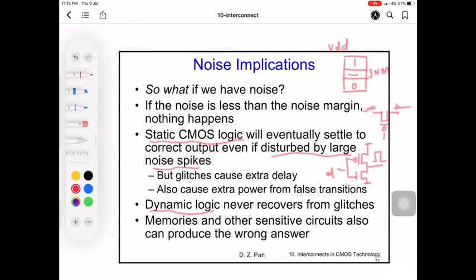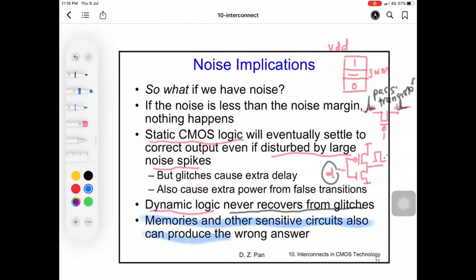Dynamic logic usually only has pass transistors. This is known as a pass transistor, and it doesn't have complementary logic. It never recovers from a glitch. If there is a glitch here, it will come out, whereas the glitch here does not come out at the inverter output. So these glitches can cause memory and other sensitive circuits to produce the wrong answer.